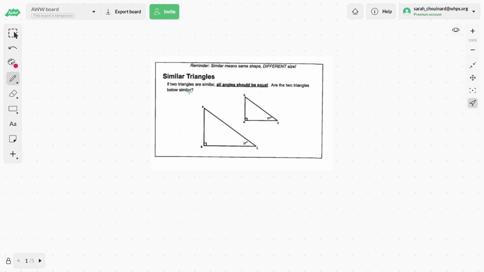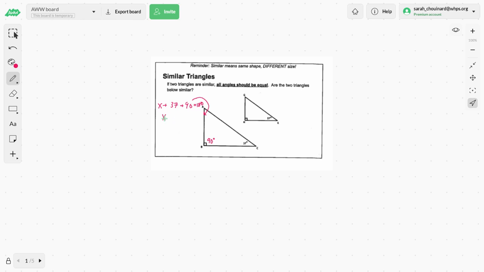So we want to know, are the two triangles below similar? They'll be similar if all their angles are equal. Let's first start off by finding angle A. We know from triangle sum theorem that all three angles have to add up to 180. So angle A plus angle C plus angle B, which we know is 90 degrees, has to equal 180.